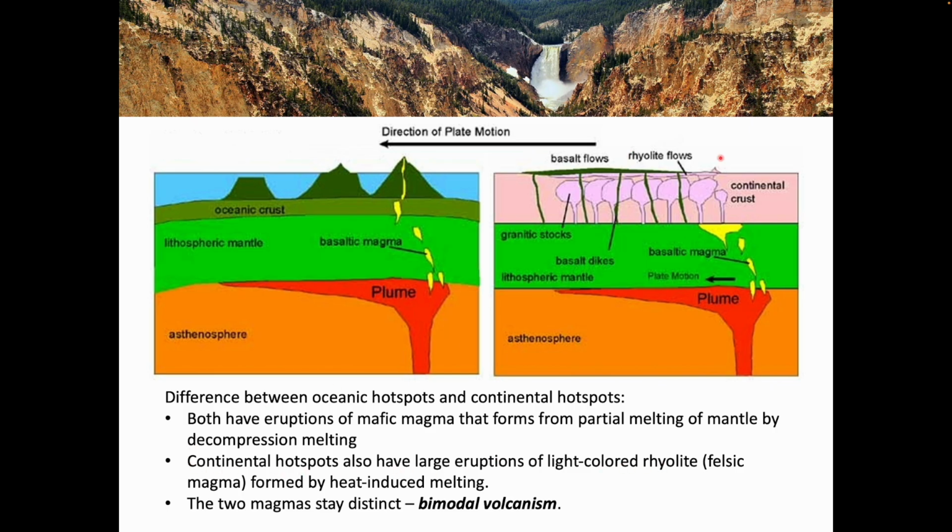Rhyolite usually composes the largest volume of material erupted from continental hotspot centers. And this is a felsic rock, again, formed by heat-induced melting of crustal rocks. But the two magmas generally stay distinct. They tend not to mix very much. So this gives us something called bimodal volcanism, where we have both mafic and felsic rocks erupting at the same place and often the same time.